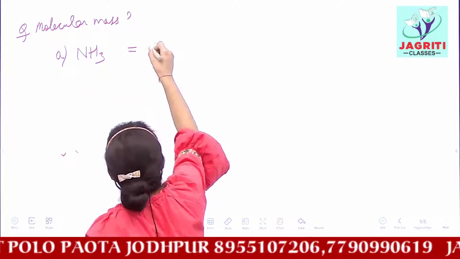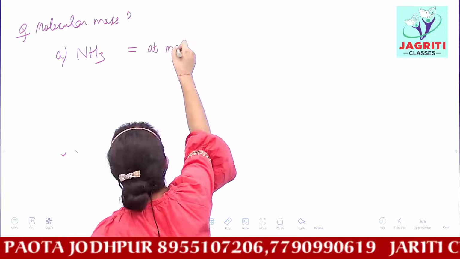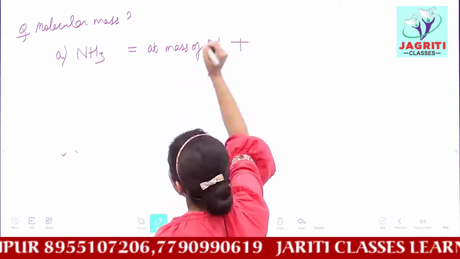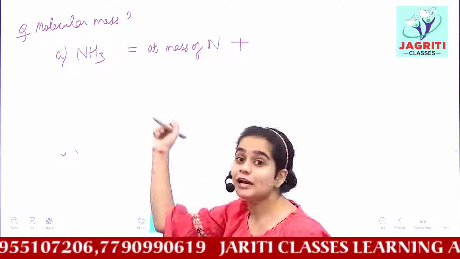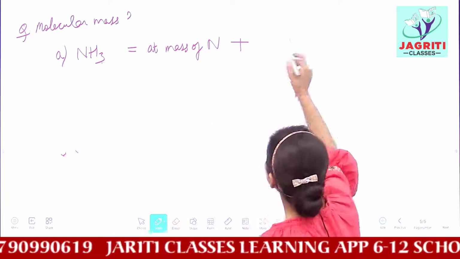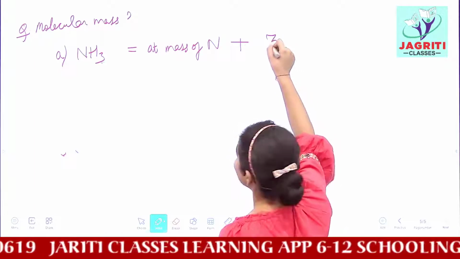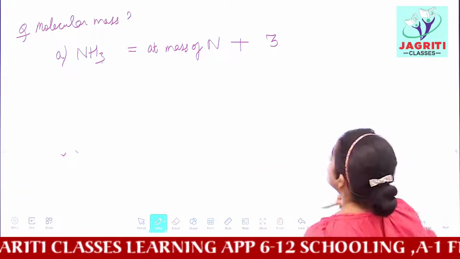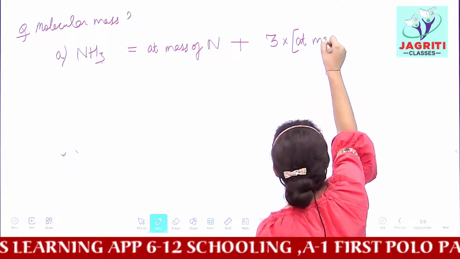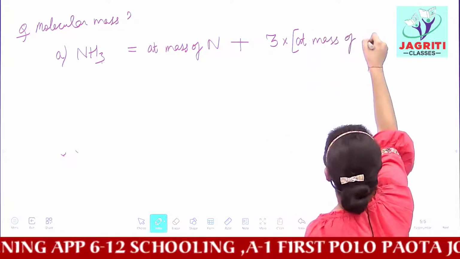We take the atomic mass of nitrogen, then we have our next atom, hydrogen. But hydrogen is not single. There are 3 hydrogens present. So what we do is multiply the atomic mass of hydrogen by 3. So we get 3 into the atomic mass of hydrogen.